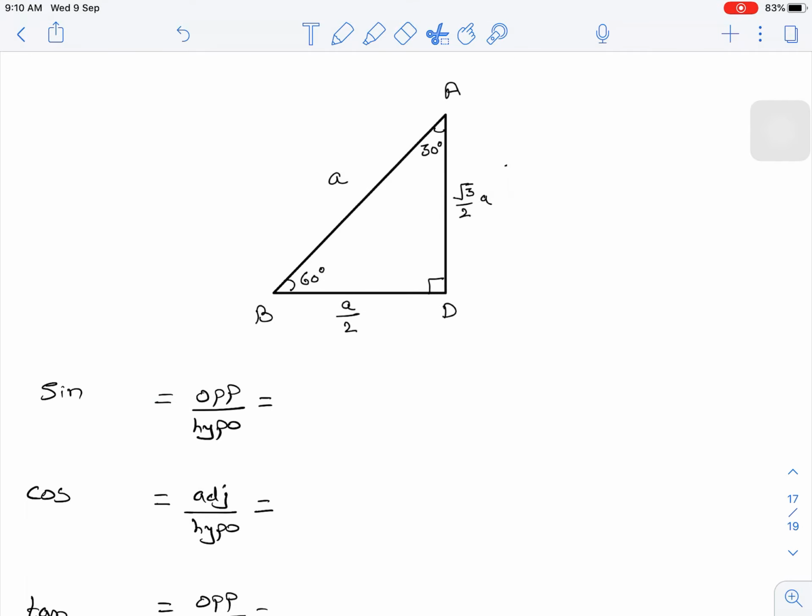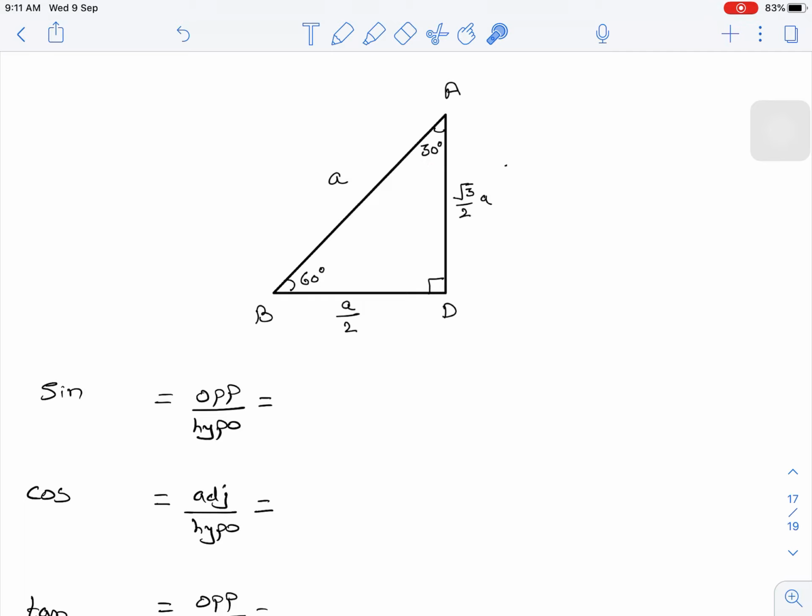Now here in this triangle we are having values of all the sides. Now we have to find the value for sine 30, trigonometric ratios for all 30 degree also and for all 60 degree. So right now I am calculating it for 60 degree, you people have to find it for 30 degree.